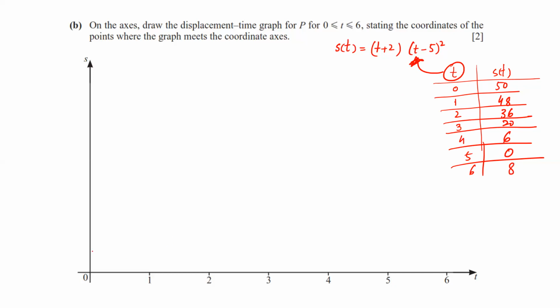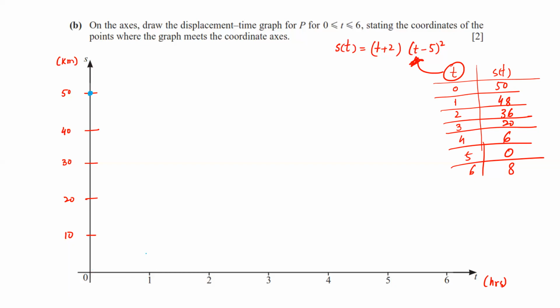The good way is to see what the maximum value is, 50. So start with 50 and mark 10, 20, 30, 40, 50. Displacement is in kilometers, so add the units, and time is in hours. At initial time t equals 0, let me change the marker so it is visible, we have this point.